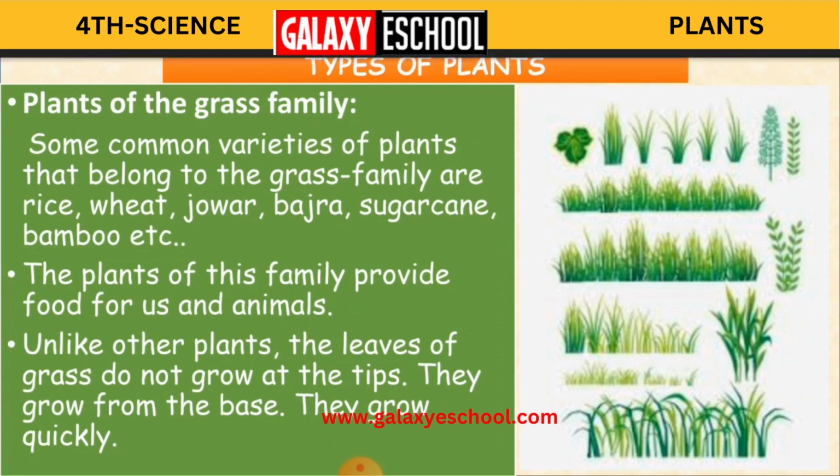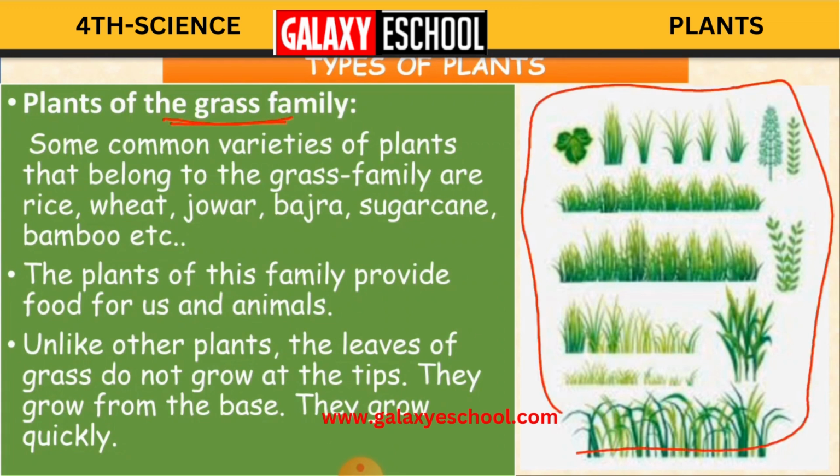See, as you see in the picture, children, we are talking about the plants of the grass family. All the plants we are seeing here look like grass, but these plants are different from each other. They all come under a family, that is the grass family.